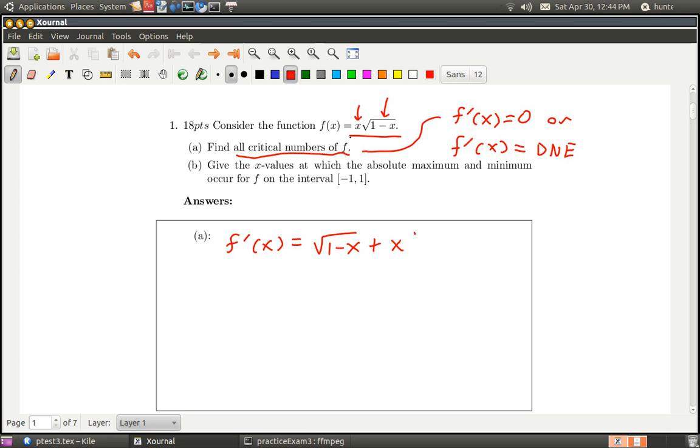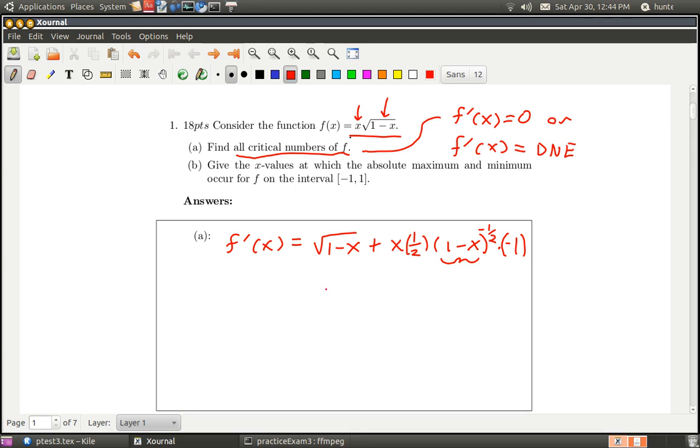Okay, so the 1/2 comes off, and I have 1 minus x. The exponent up here gets knocked down by 1, so now it's minus 1/2. And by the chain rule, the derivative of the stuff inside the parentheses pops out, and that is negative 1.